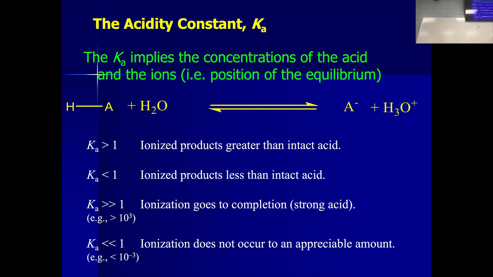If Ka is greater than 1, that means that the ionized products will be greater than the intact acid. How many people have a calculator handy? All right. Punch in the number 1 and take the negative log of it.